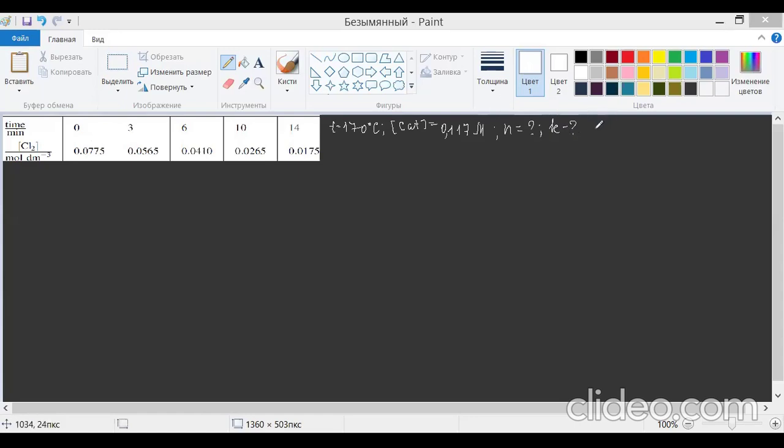Again, let's assume the first order of this reaction, which means that if we finally get a series of values of k at the assumption of n equals 1, and if these values are equal to each other or very close to one another, that will prove that the assumption is correct. Let's do that.